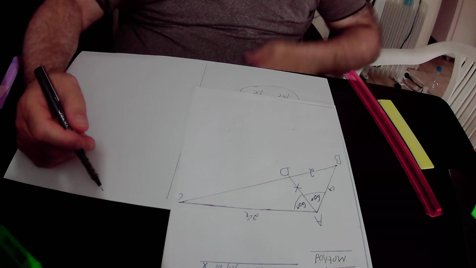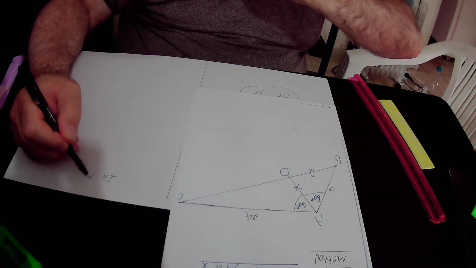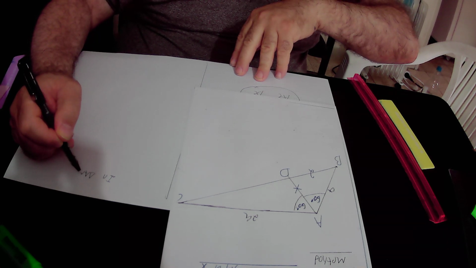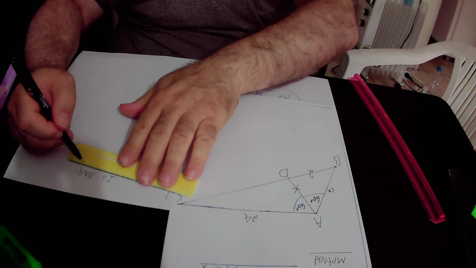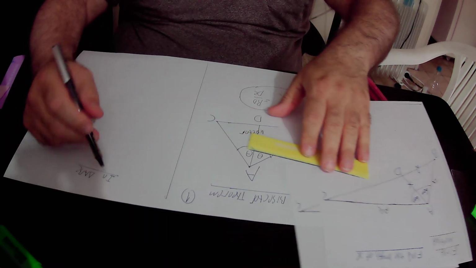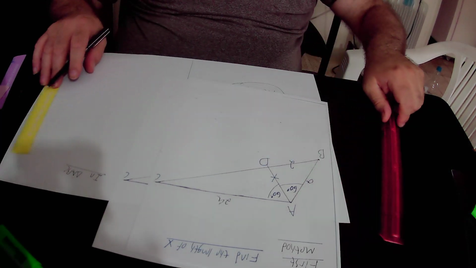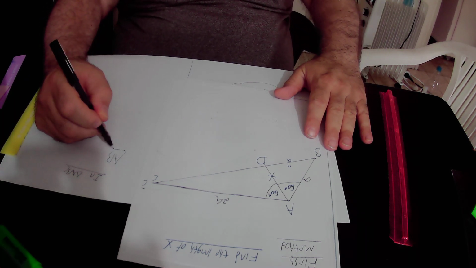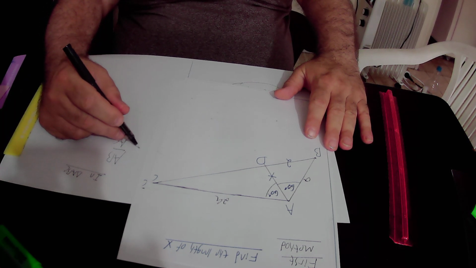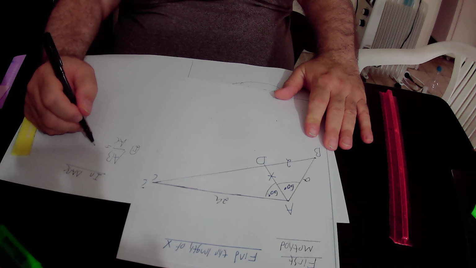Therefore, according to the angle bisector theorem, in triangle ABC, we get that AB over AC equals BD over DC.